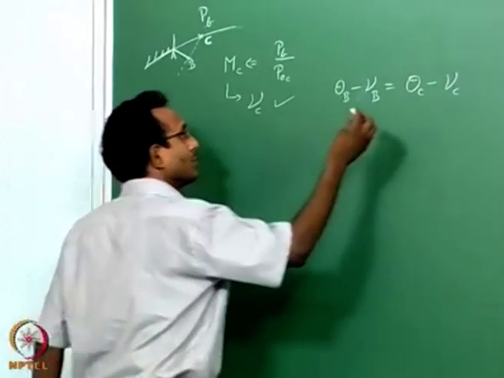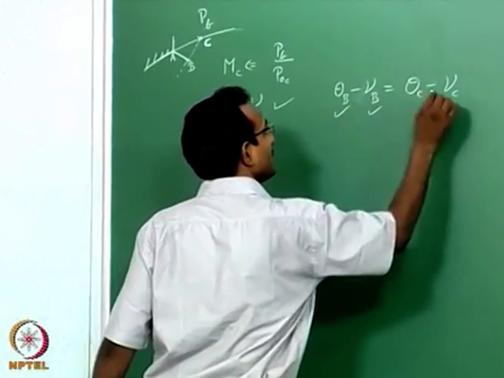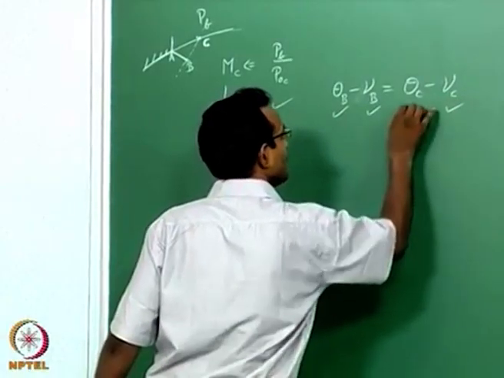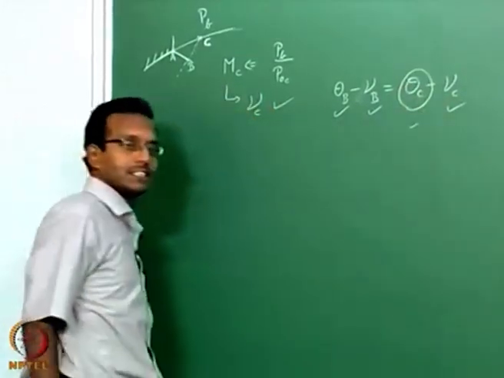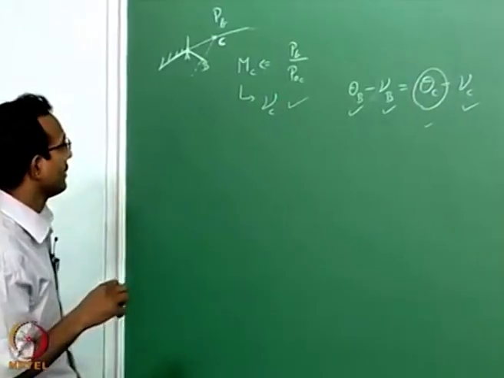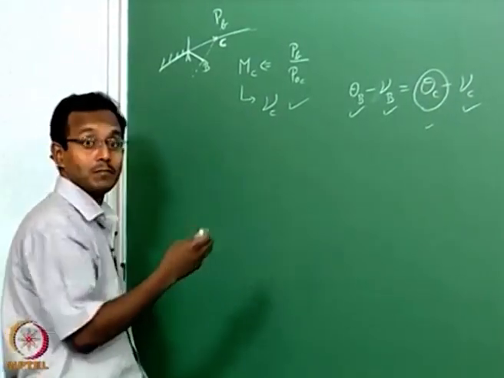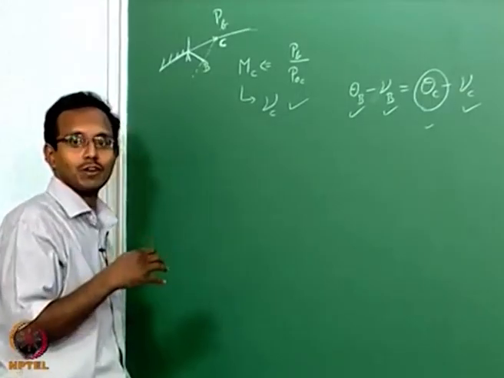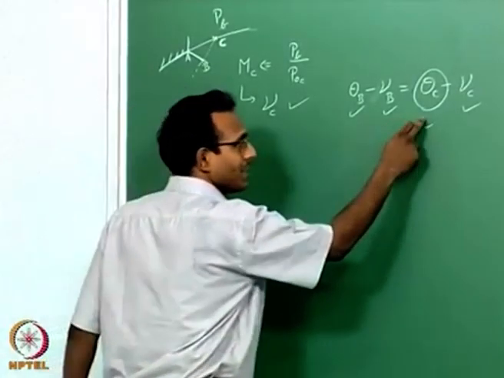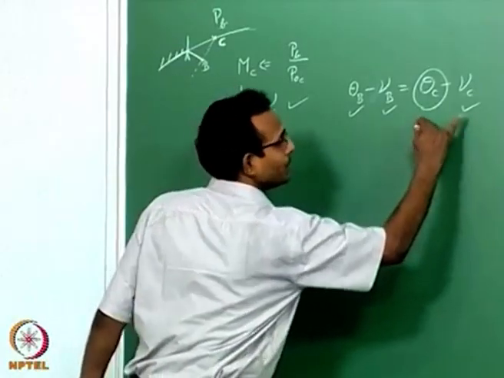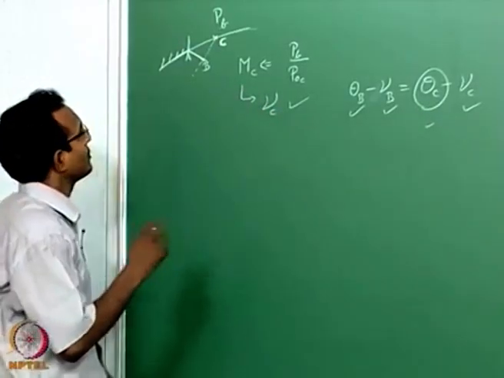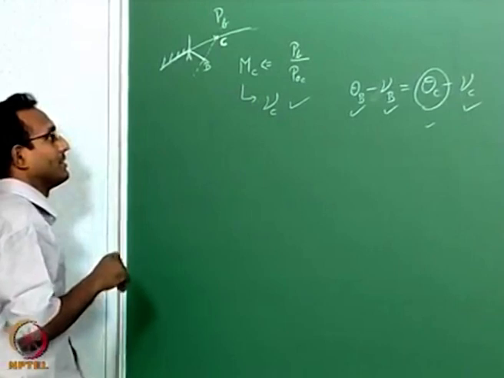We know this, we know this, we know this, so I can find this now. Theta C can be obtained. So the basic starting point is that I have found theta C. In my wall boundary condition, what did we know? We knew theta C, that was given, and we had to find nu C. Here it is the opposite problem. That is the only difference here.